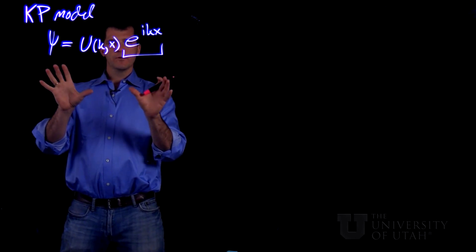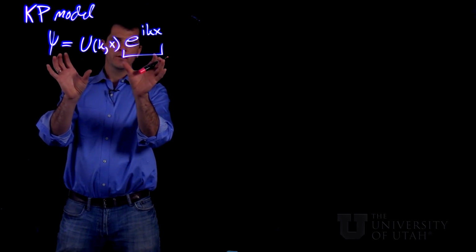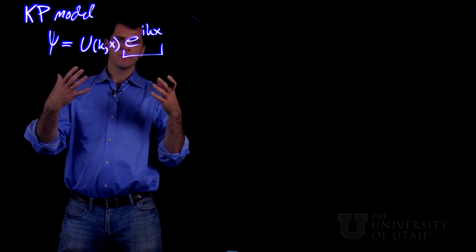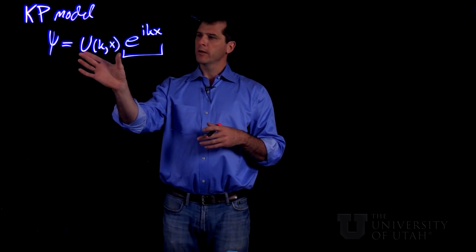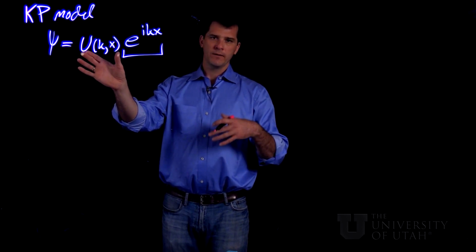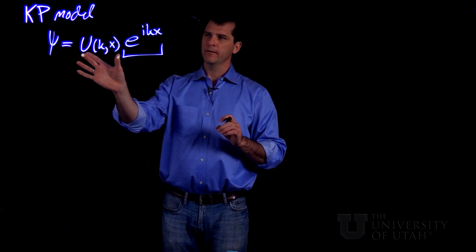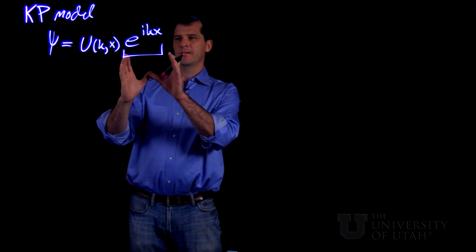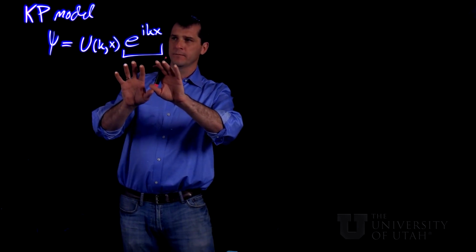So what we're trying to do here is really represent the true solutions to the Schrödinger equation, which are a little more complicated because of these little wiggles that are introduced by the fact that each atom interacts with the electron as it's going past.